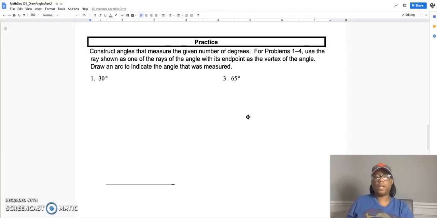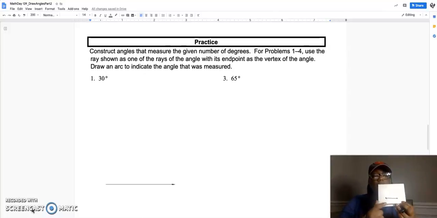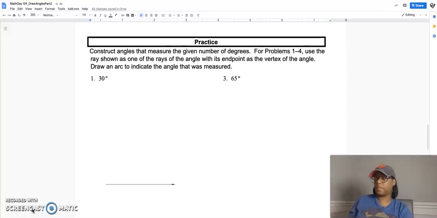I'm going to give it a try again, and I'm going to attempt to create a 65-degree angle. Now with my 65-degree angle, I follow the same steps even though I'm trying to find an angle that has different degrees. So I'm going to make sure that I draw my base ray, and I map out my vertices. So I got my base ray and my vertices ready to go in the inside of the protractor.